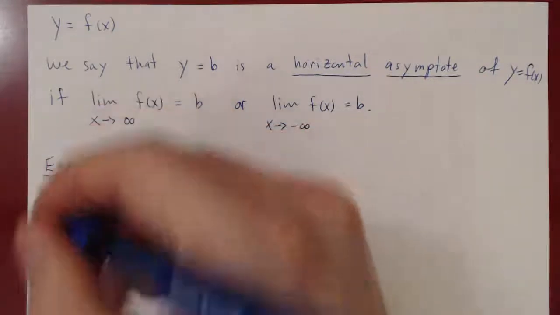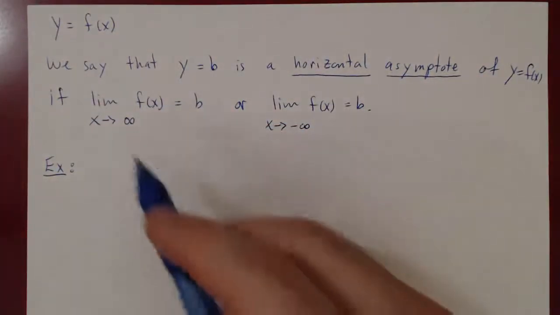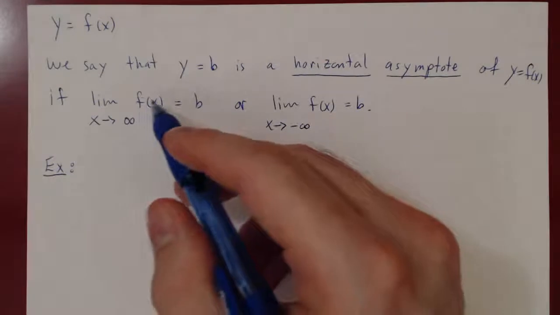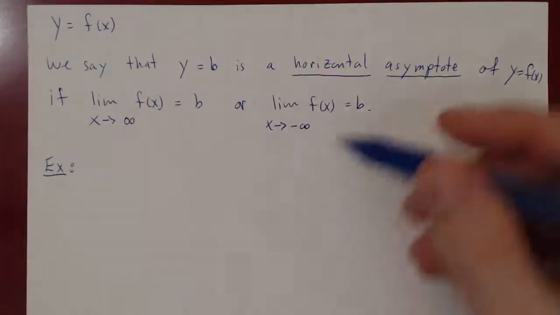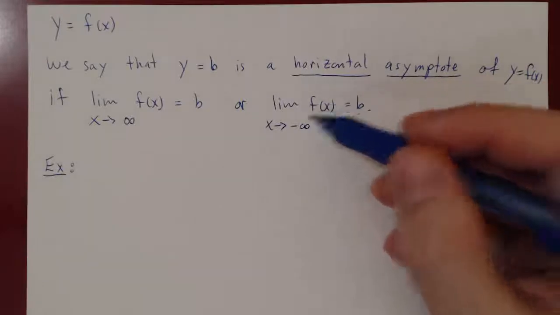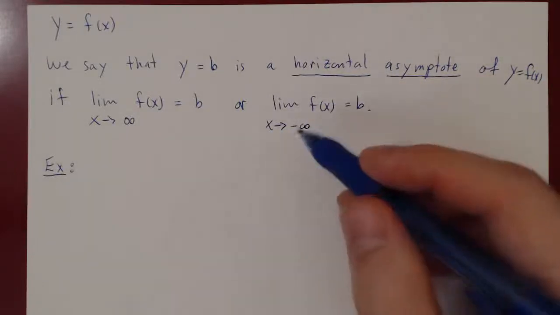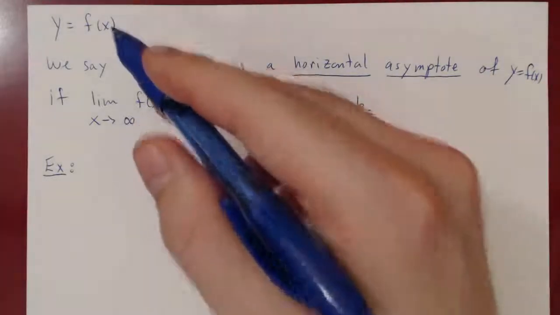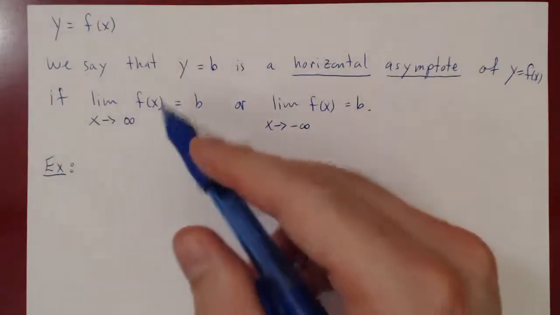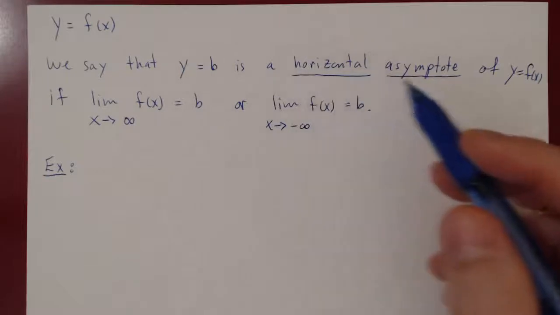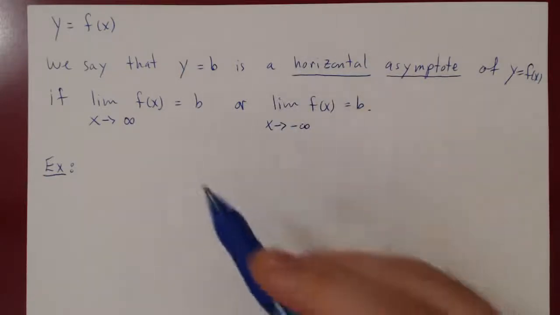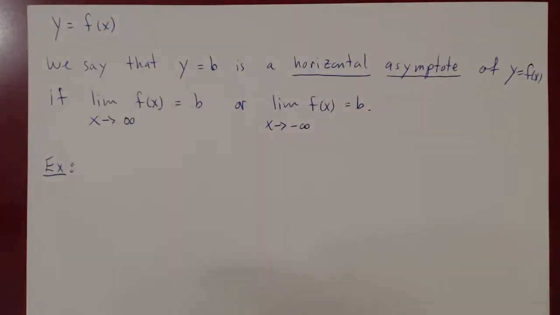One thing to mention, which is very important, is that if you look at the definition, either you will consider f of x as x approaches positive infinity, or you will consider f of x as x approaches negative infinity. Given a function f of x, these are the only two possible limits that may yield a value for a horizontal asymptote. Because we only ever have two limits, a function can never have more than two horizontal asymptotes.